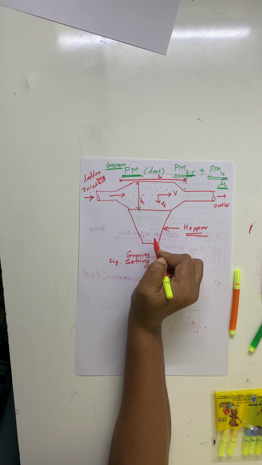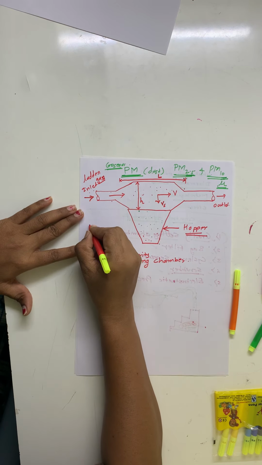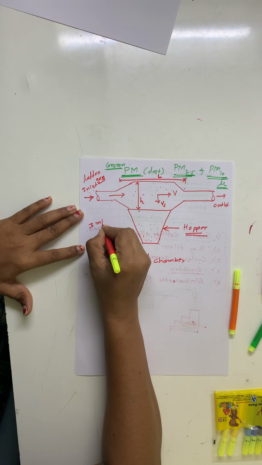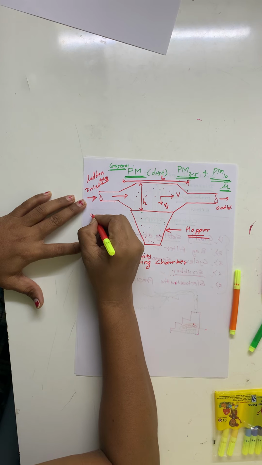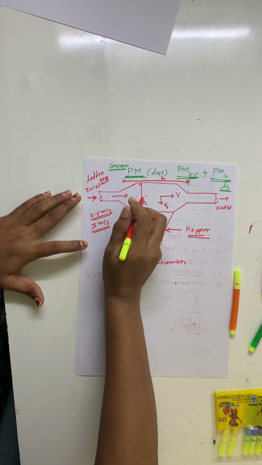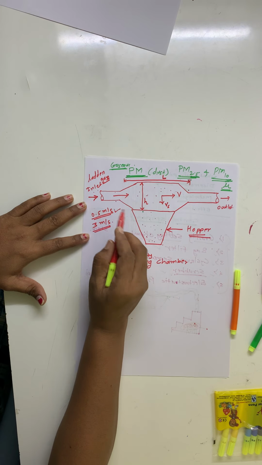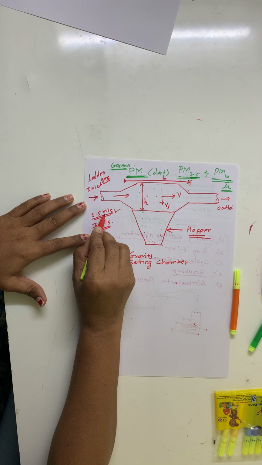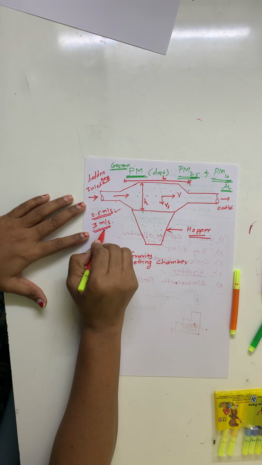Usually the velocity in this settling chamber should not be greater than 3 meter per second and it should not be less than 0.5 meter per second. Why? For getting better results, the minimum velocity must be 0.5 meter per second. And why should it not be greater than 3 meter per second?